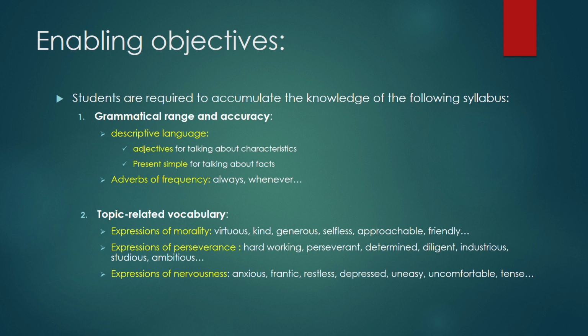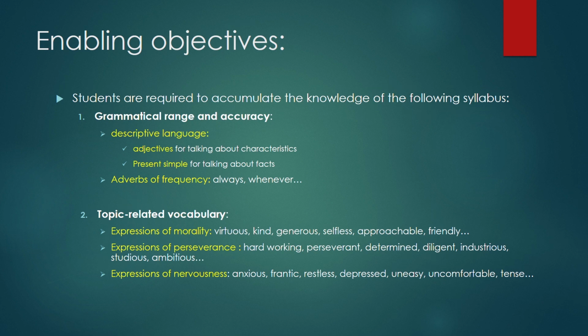Studious is a kind of student who studies hard. So the same thing as industrious, diligent, hardworking, but studious is normally for studies, for students. And ambitious is a person who has a lot of, let's say, wish for becoming powerful, successful, wealthy. So this is called ambitious. And the feeling they have inside is called ambition.